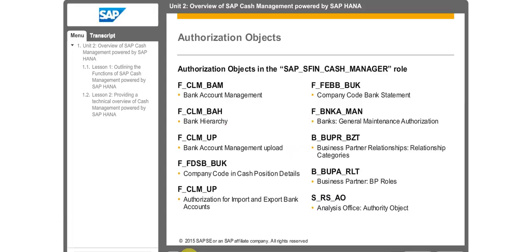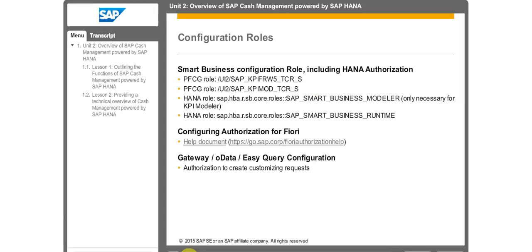And this is the list of authorization objects which are included in the backend role SAP_SFIN_CASH_MANAGER. You can also check the details in the backend SAP transaction PFCG, and you can assign the proper authorization checks in the role. There are two additional PFCG roles required in the front end to configure Smart Business applications.